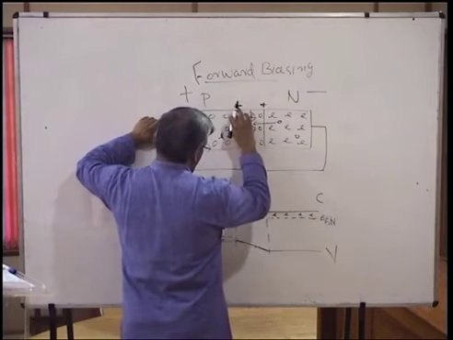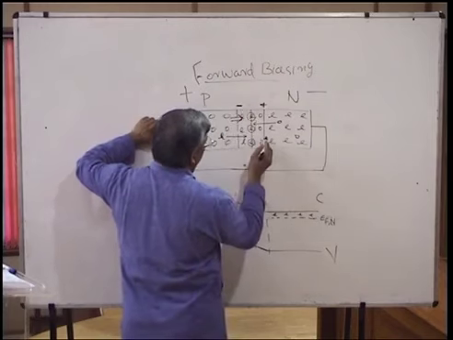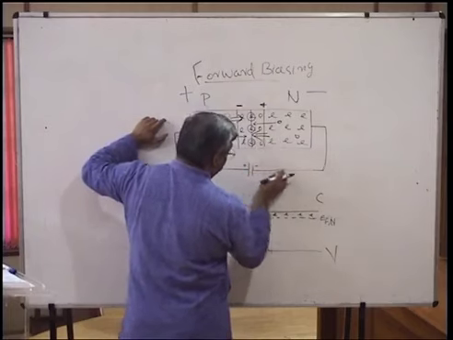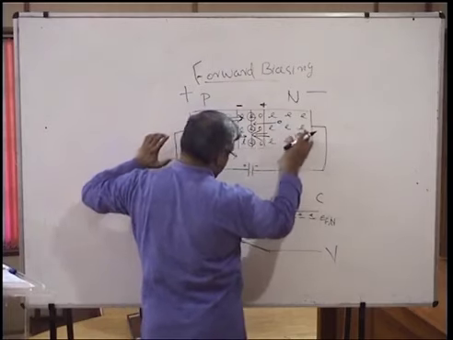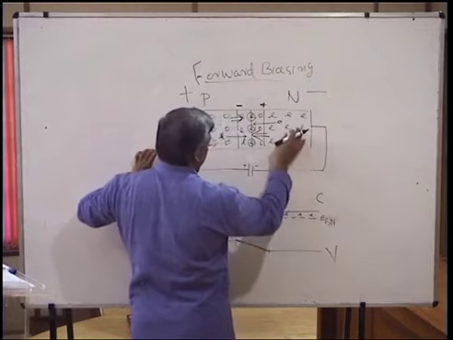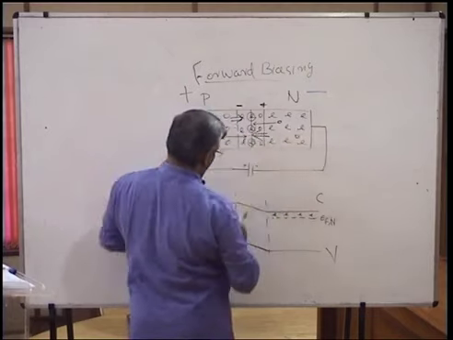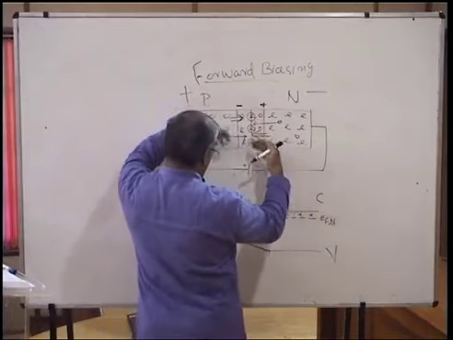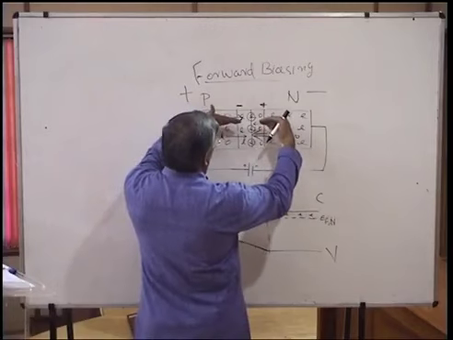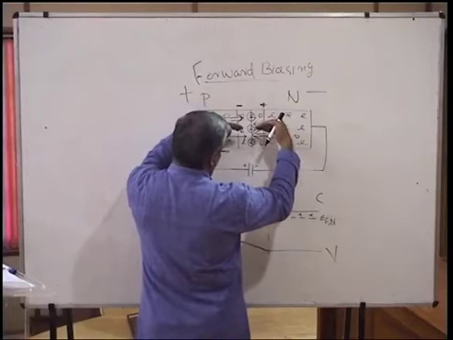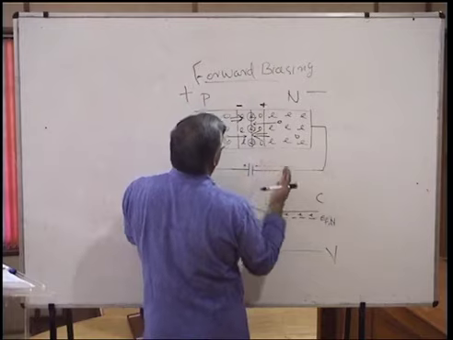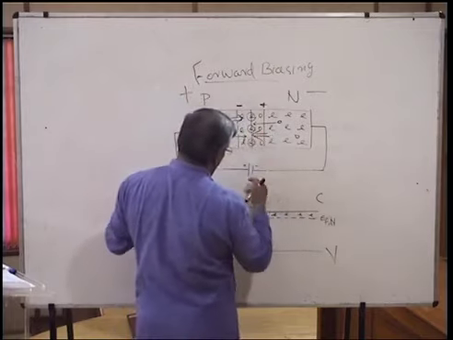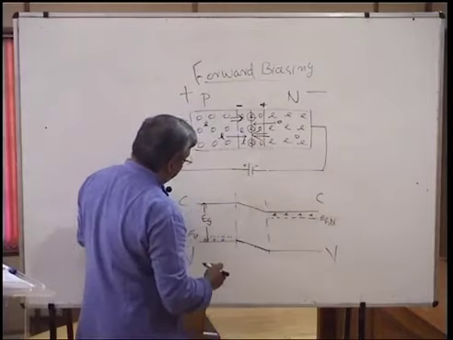I show these thick lines to show the major flow. And similarly, a major flow of electrons will happen, drifted by the negative potential from the N side to this depletion layer. So, in the depletion layer, moreover the drift which is given by the internal bias, a major drift of the majority carriers is happening when we are forward biasing.